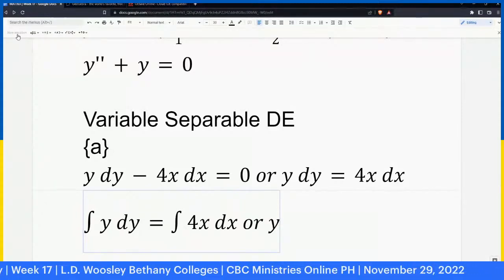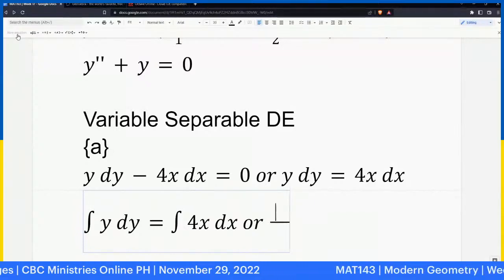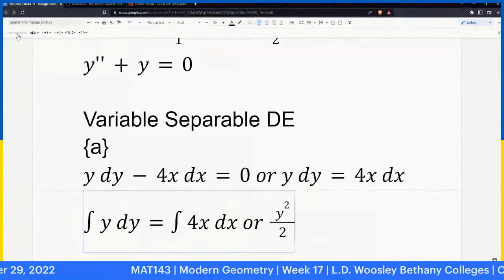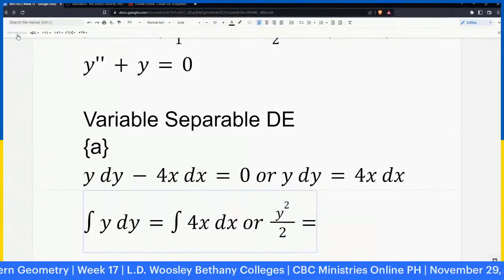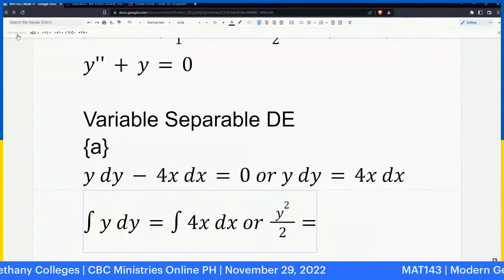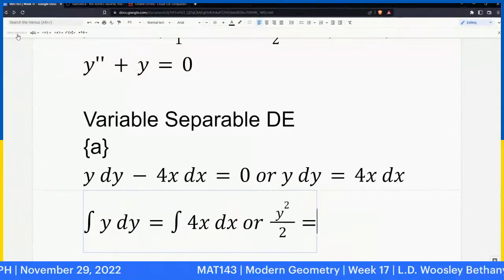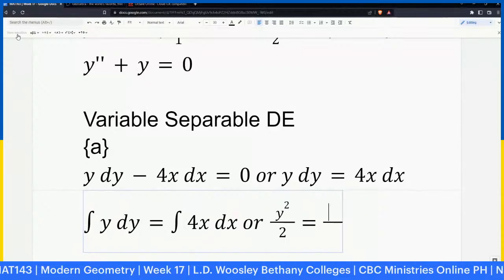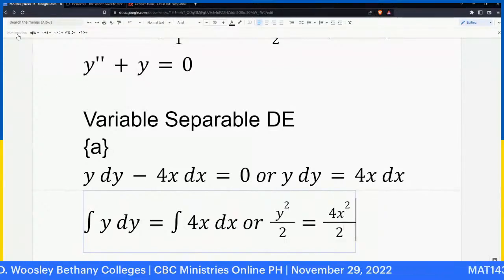Y squared over 2, right? Is equal to 4x squared over 2, plus c.